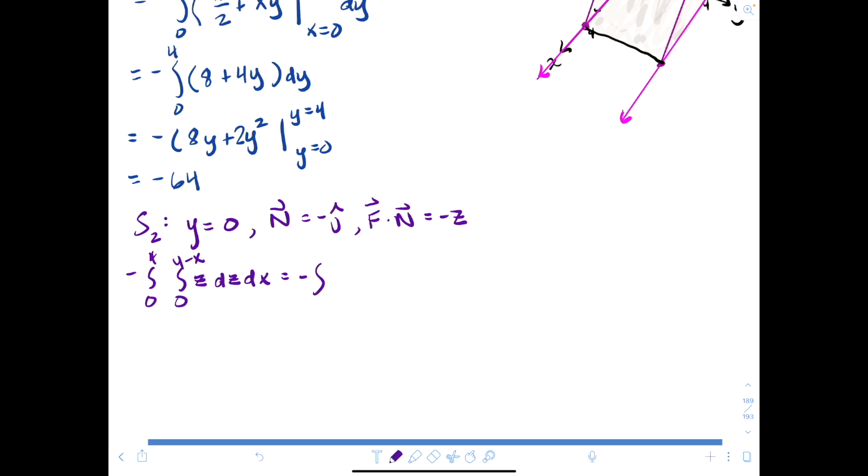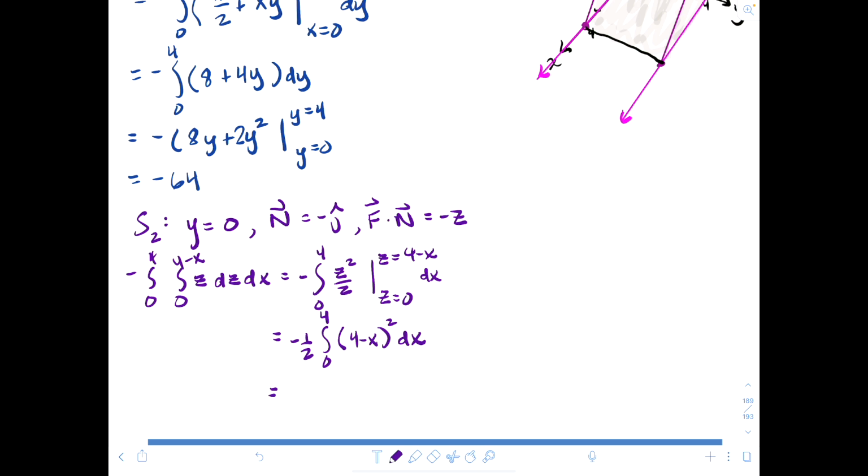So that'll be negative integral 0 to 4. We'll have z squared over 2, going from z is 0 to z is 4 minus x. So we can bring out a 1/2 here, integral 0 to 4 of quantity 4 minus x squared dx. Cool, cool?